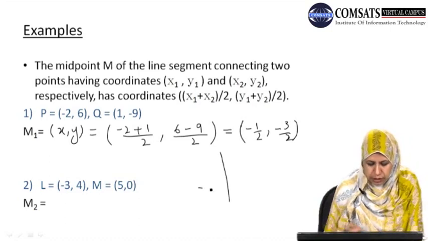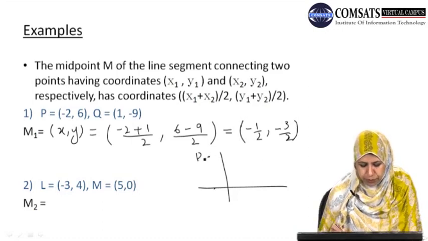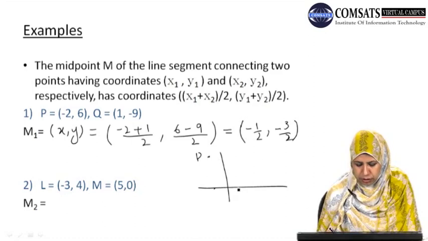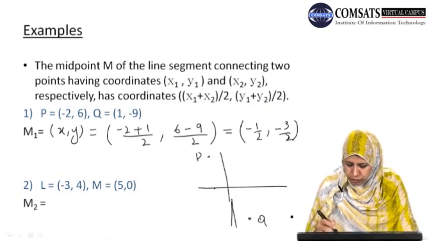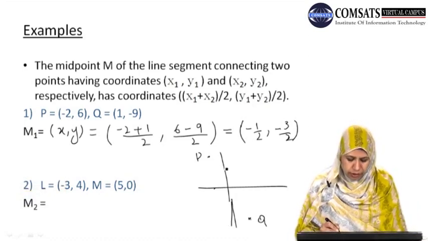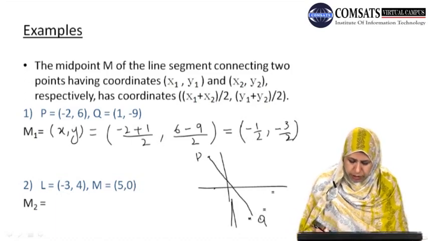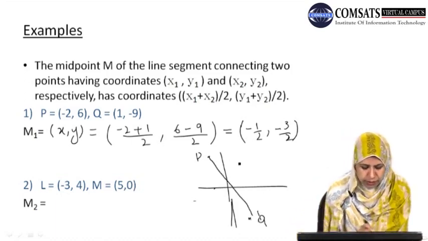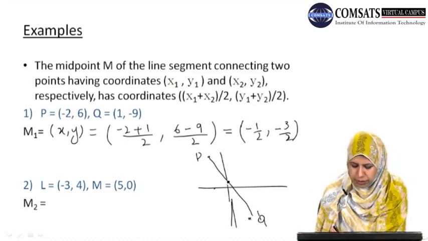That is, if we want to see, x is -2 and y is 6, so this is our point P. X is 1 and y is -9, so let's say this is our point Q. So the line segment joining these 2 points P and Q, and our M is -1 by 2 and -3 by 2.